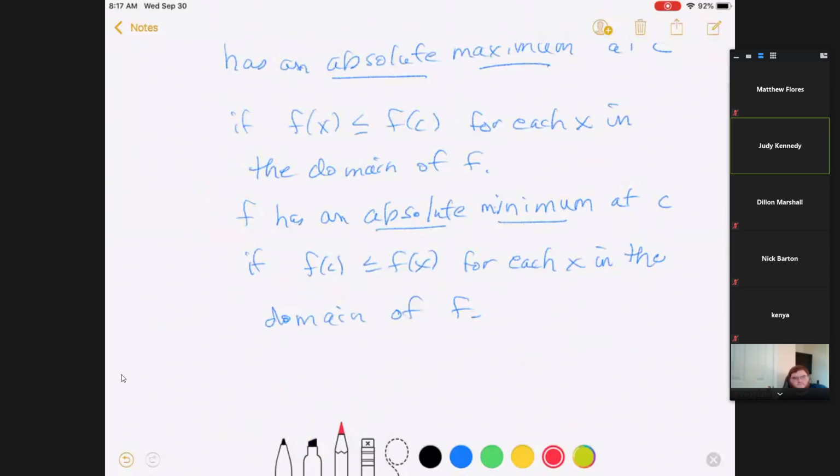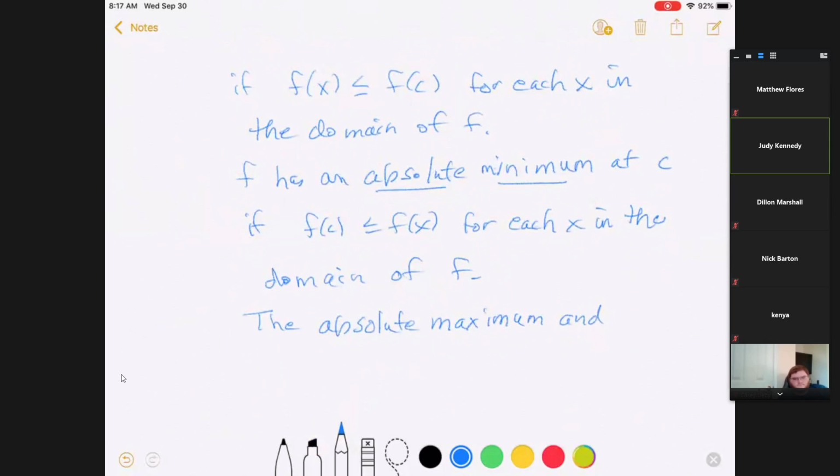The absolute maximum and absolute minimum are called extreme values of f.